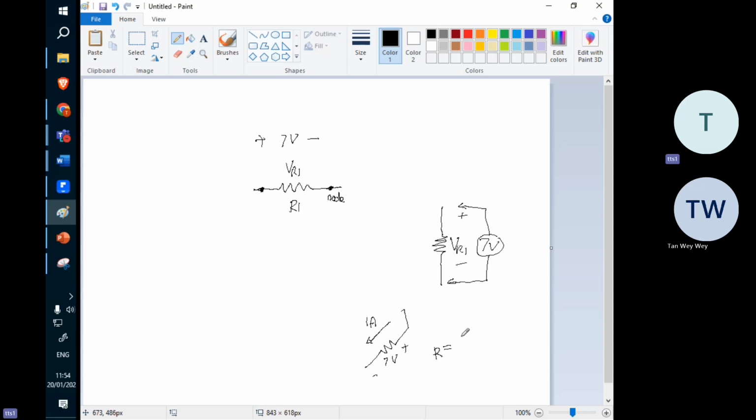R equal to V over I, equal to 7 volt over 1 ampere, equal to 7 ohm. For this.